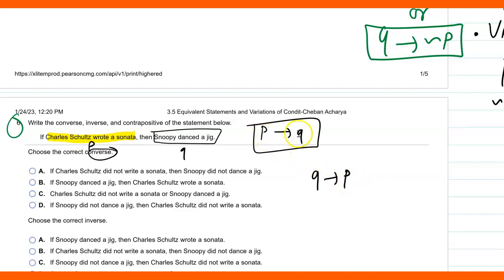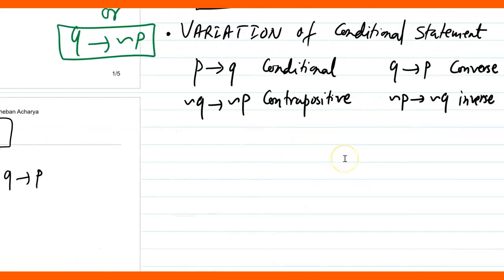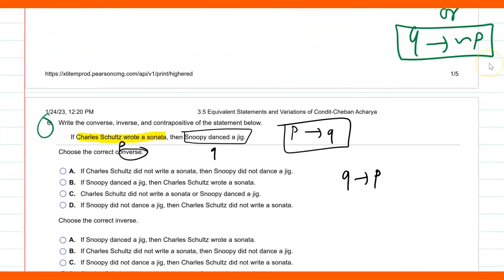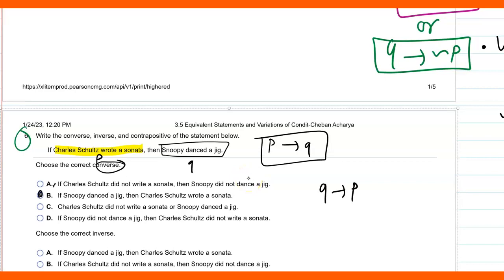P right arrow Q is going to be Q right arrow P. For the converse, it is now: if Snoopy danced a jig, then Charles Schulz wrote a sonata. Pretty simple. Just reverse the order of the statement. That's the converse.